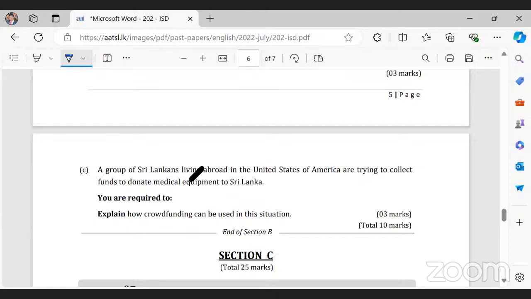A group of Sri Lankans living abroad in the United States of America are trying to collect funds to donate medical equipment to Sri Lanka. Explain how crowdfunding can be used in this situation. Total marks 10, 3 marks for that.